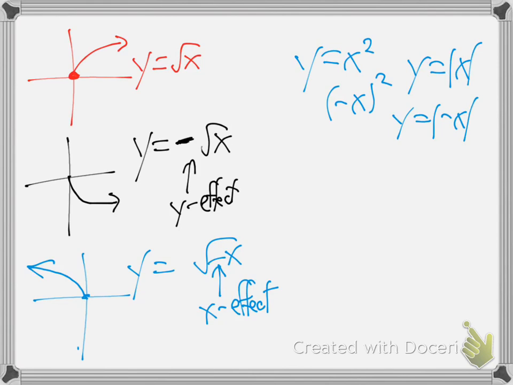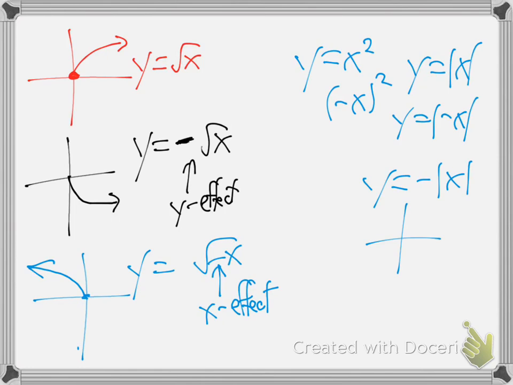So whatever is happening to x in the equation, if the negative sign or the number or whatever enters into that absolute value or x squared or square root or whatever, then it's an x and it's going to have a right-left kind of effect on the graph. If it's outside like that, it'll have an up-down kind of effect.